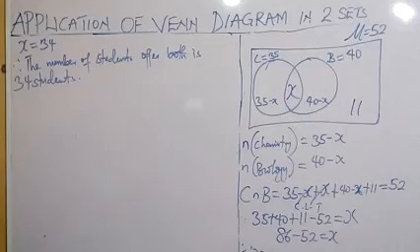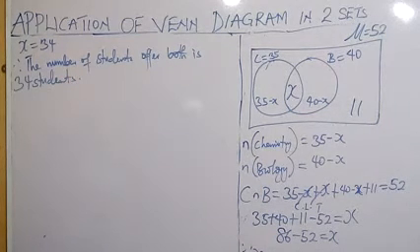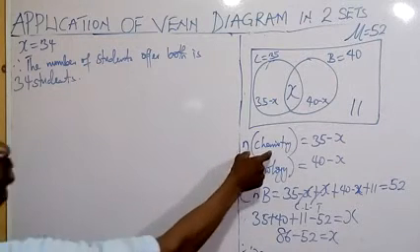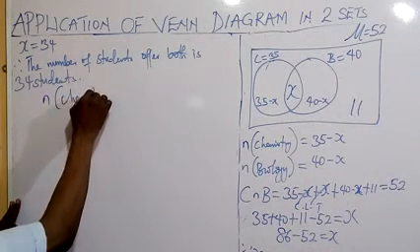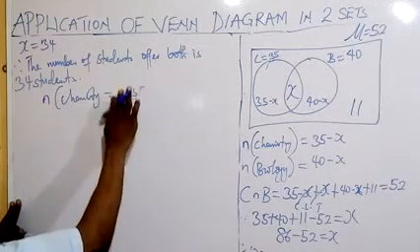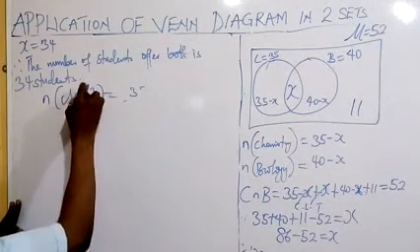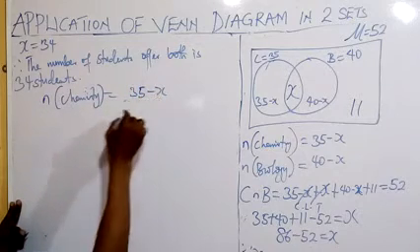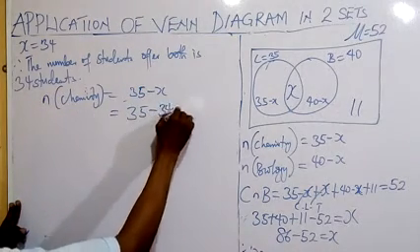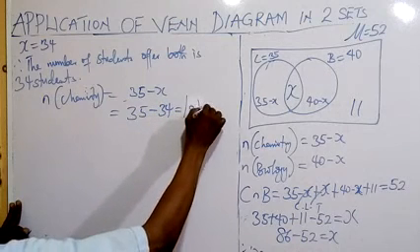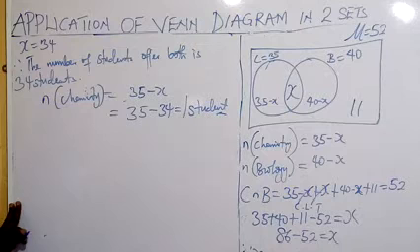If you want to get the number of students that offer chemistry only, chemistry only is 35 minus X. So therefore 35 minus 34, that's the value of our X. Therefore we have just one student that offers chemistry only.